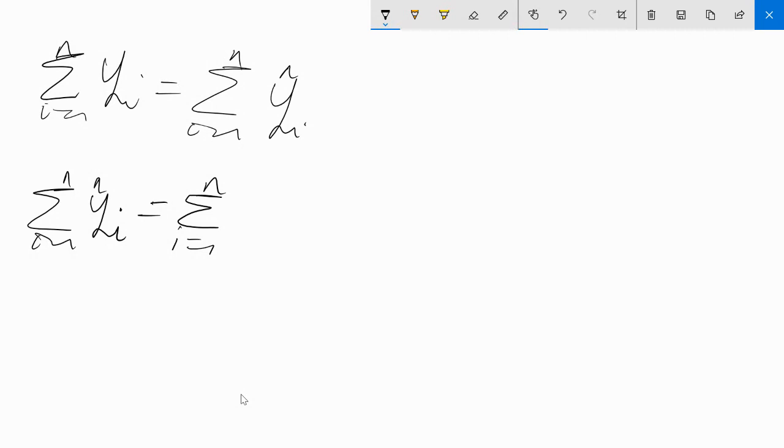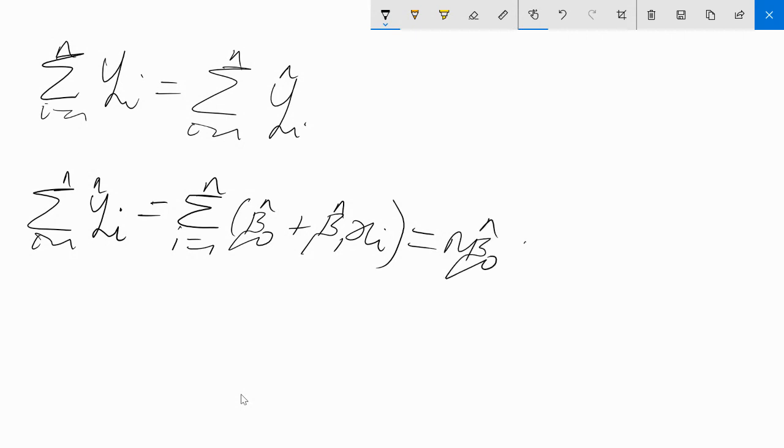It's the sum of yi hat, which is equal to the sum of yi hat, and we know that yi hat is nothing but beta 0 hat plus beta 1 hat xi. If we bring in the summation there, because beta 0 hat is a constant, when we sum a constant n times we'll have n multiplied by the constant.